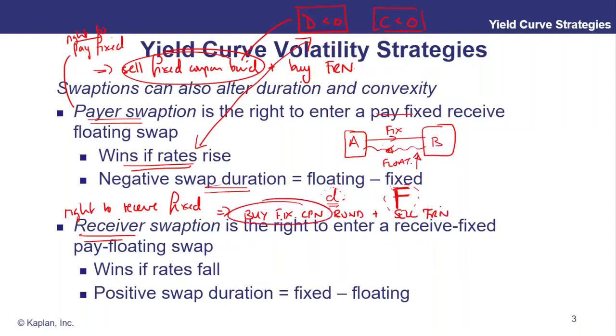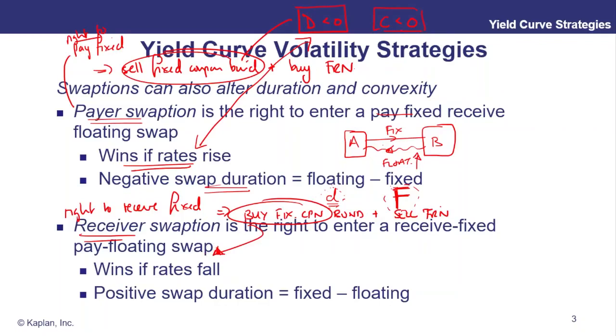And if you're buying the fixed coupon bond, that brings on positive duration. You win if rates fall here. And by the way, that brings on board positive convexity as well.